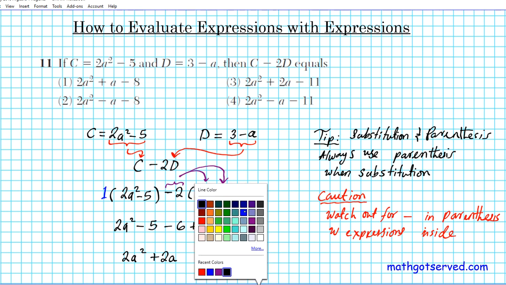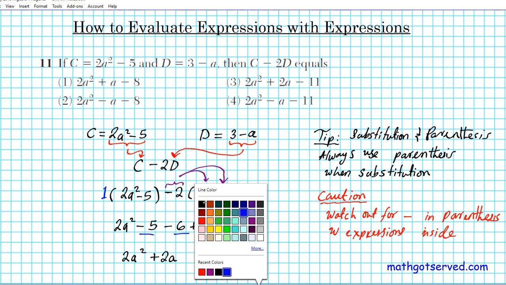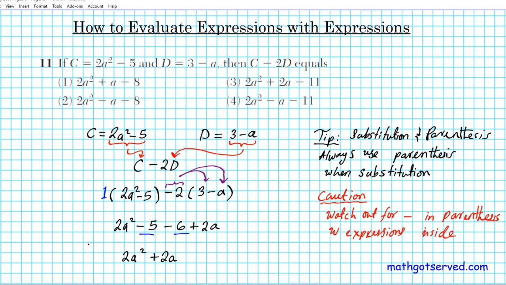The constants, also known as your 0-degree terms, there are two of them that can be combined. So minus 5, minus 6, the signs are the same, so we add the numbers and keep the sign. It remains negative. 5 plus 6 is 11. So your answer is 2a squared plus 2a minus 11.